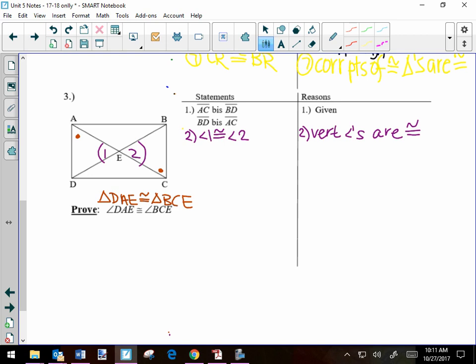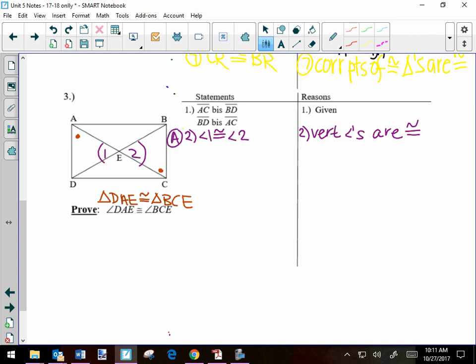It kind of helps me because automatically now I know I have a set of angles congruent. So one of my 3 pieces of information is already met. When I move on to my givens, there are 2 different givens here, and both of them involve segment bisectors, which make midpoints. The first one says that segment AC is bisecting BD.